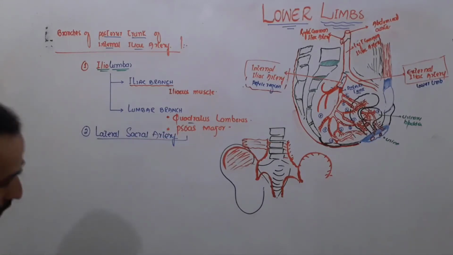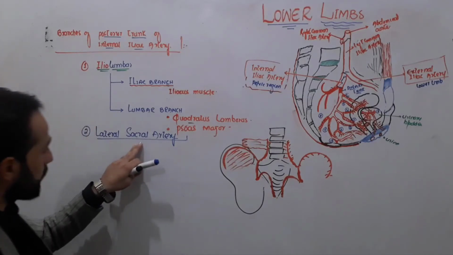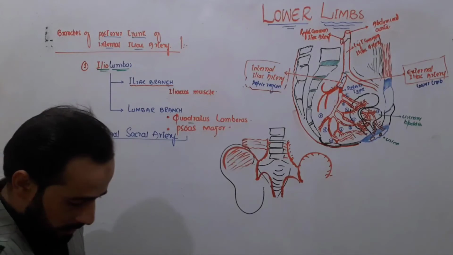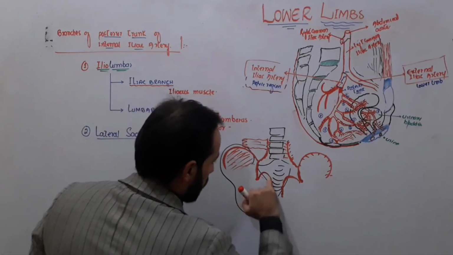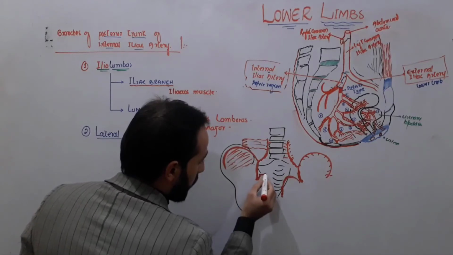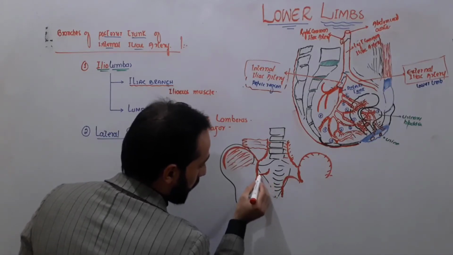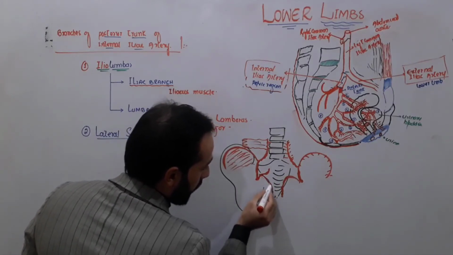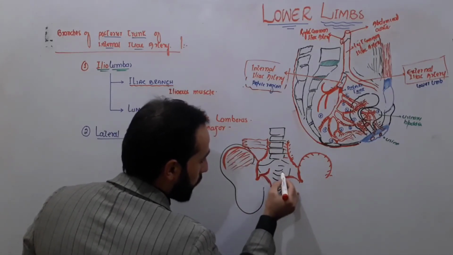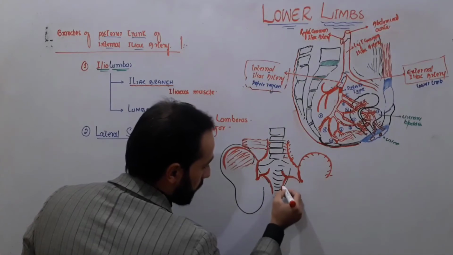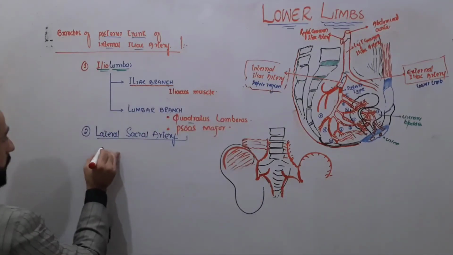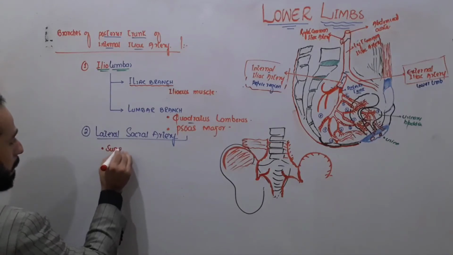And this artery, look carefully, this lateral sacral artery will give two branches, like this, look. There will be its superior branch, and there will be its inferior branch. So how many branches does it give? It gives off two branches, the superior branch and the inferior branch, right?